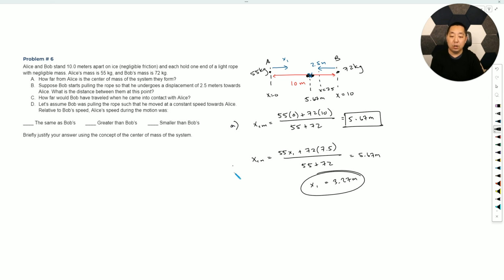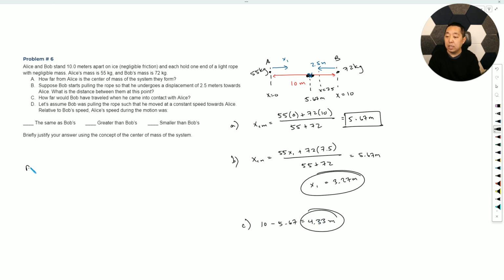Once they're touching each other, we'll assume they're point masses right on top of each other, even though technically they have dimensions. So Bob is going to travel 10 minus 5.67, which is 4.33 meters.